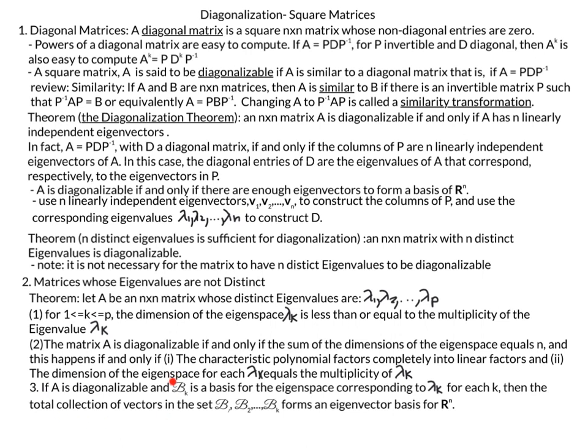And then we have this other theorem: if A is diagonalizable and B sub k is a basis for the eigenspace corresponding to the kth eigenvalue, lambda k, for each k, then the total collection of eigenvectors in the sets b1, b2 up to bk forms an eigenvector basis for Rn.